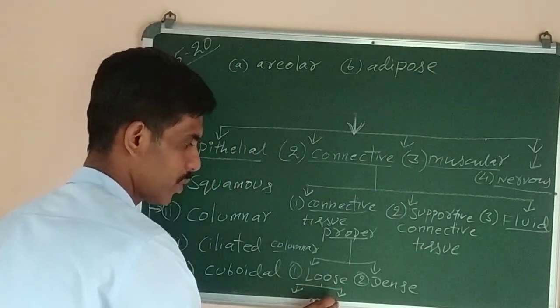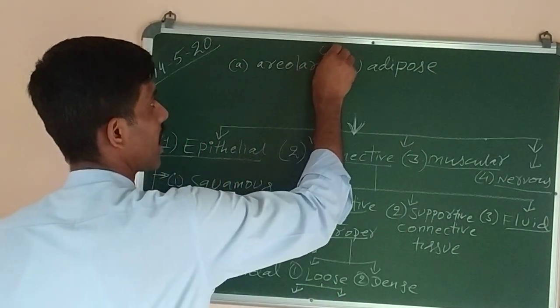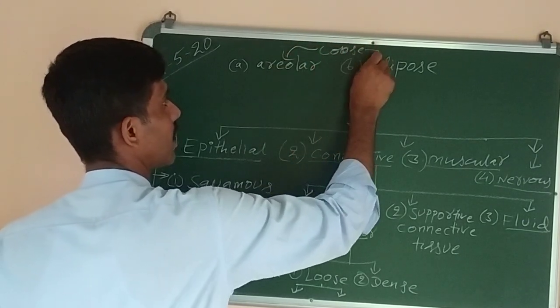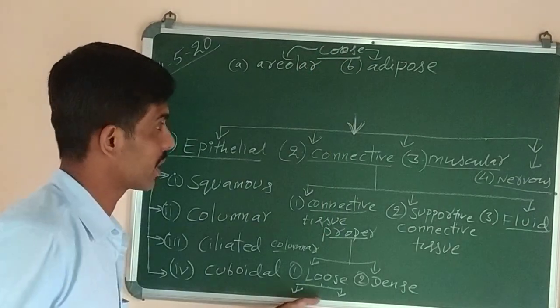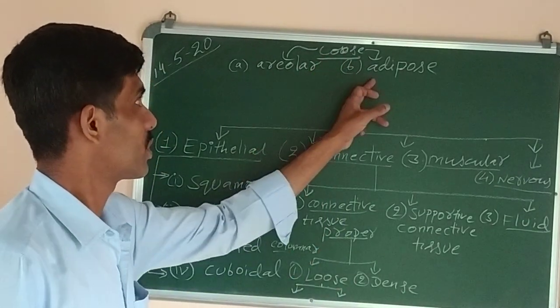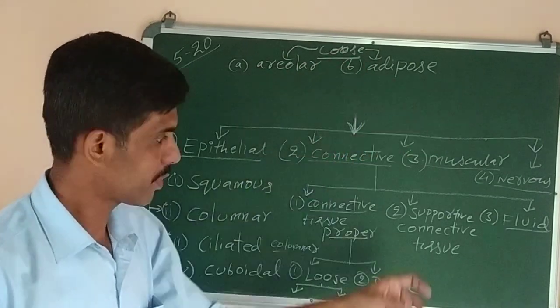Both of them are types of loose connective tissue. I have written loose here so that you can identify it. Proper connective tissue is of two types, areolar and adipose.